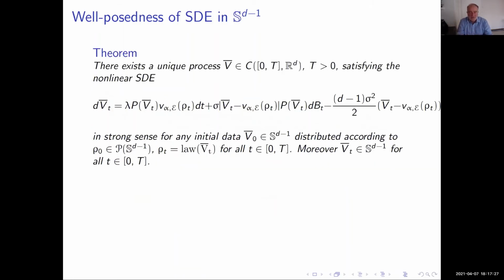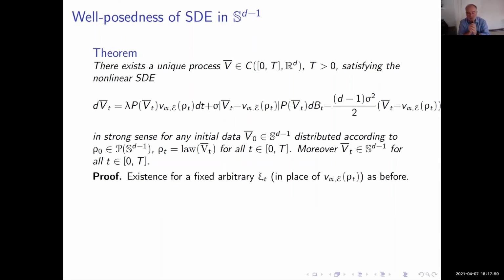As we mentioned before, we also introduce a monoparticle dynamics that is self-consistent, in the sense that in the computation of the barycenter, we use the law of the monoparticle itself, and we want to prove the well-posedness of this equation.